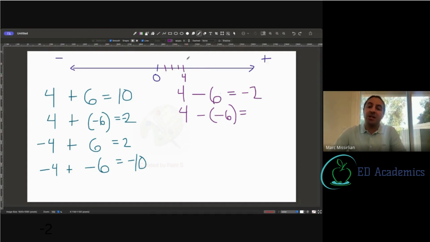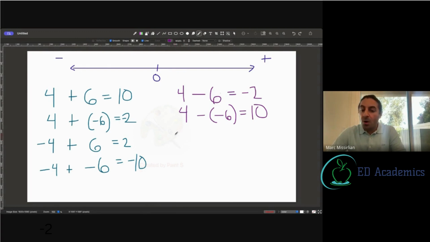So we're actually going to go to the right 6 steps. Subtracting -6 gets us to 10. This is another one of those rules that we want to keep in mind. Math is all about rules. All right, 4 minus -6. So now we have 6 distinct examples. Subtracting a negative, notice, is the same as adding.